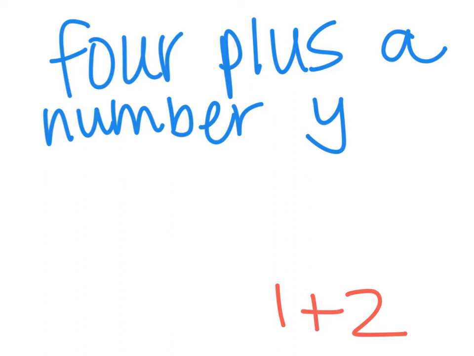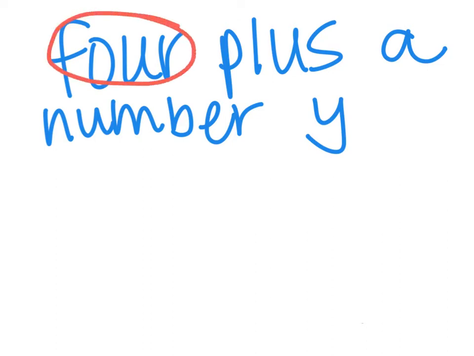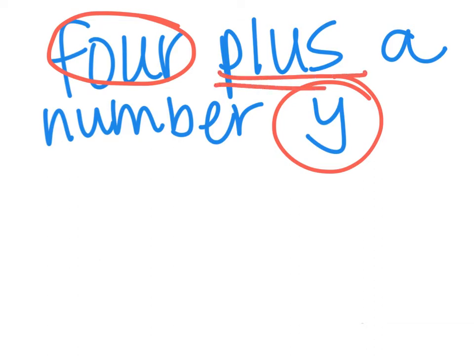So we're going to look at the words that we have up here. And when we're looking to start these algebraic expressions from a word phrase, we need to look at a couple of things. We need to pay attention to the number that's given to us. There will normally be a number given to us. The variable that we should be using, in this case it's y, and then any key phrases that tell us what operation we need to do.